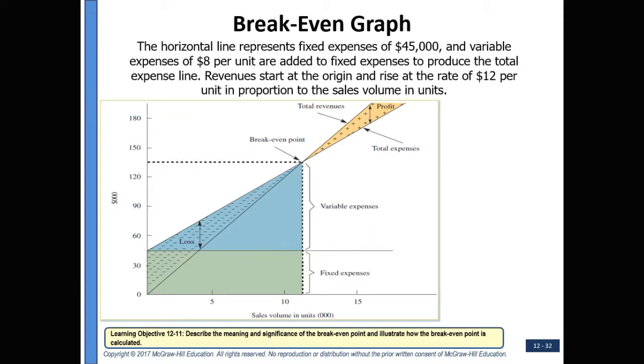Break-even is sometimes represented using a break-even graph. Using data from those previous examples, note that in these graphs, the horizontal axis is sales volume in units, and the vertical axis is total dollars. The horizontal line represents fixed expenses of $45,000.